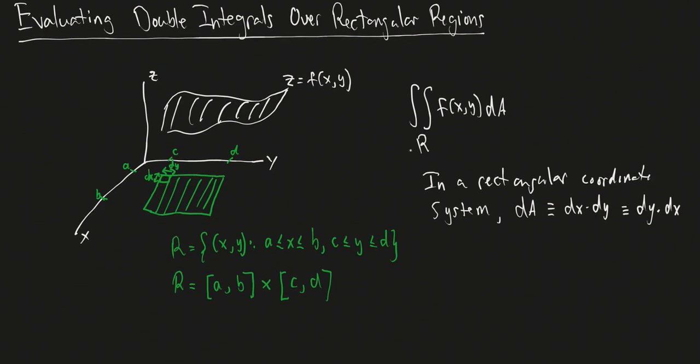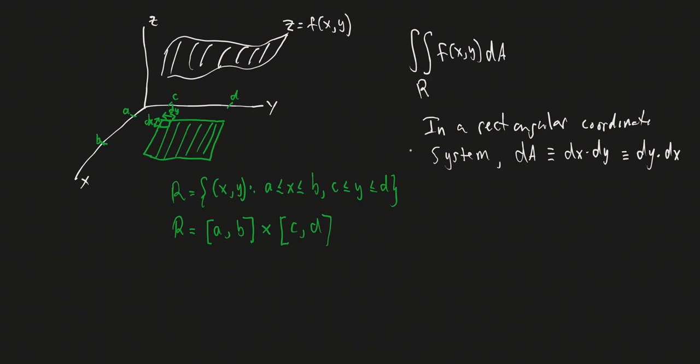So what I'm going to write down now is two things that are referred to as iterated integrals. Iterated, right? So an iterated double integral. And let me underline that. Let's do all of these.